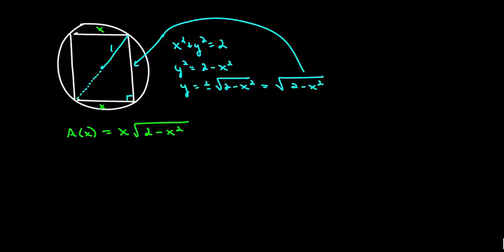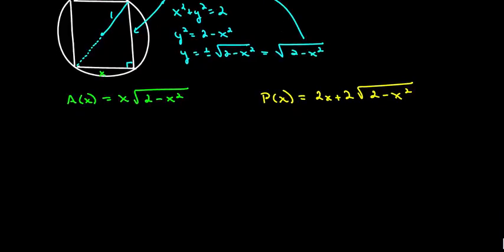And then perimeter as a function of x is just equal to the addition of these four sides. So the perimeter would be equal to 2x plus 2 times the square root of 2 minus x squared.